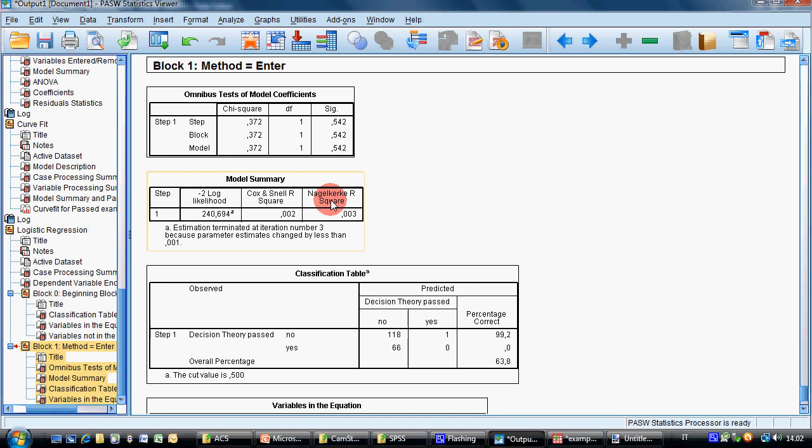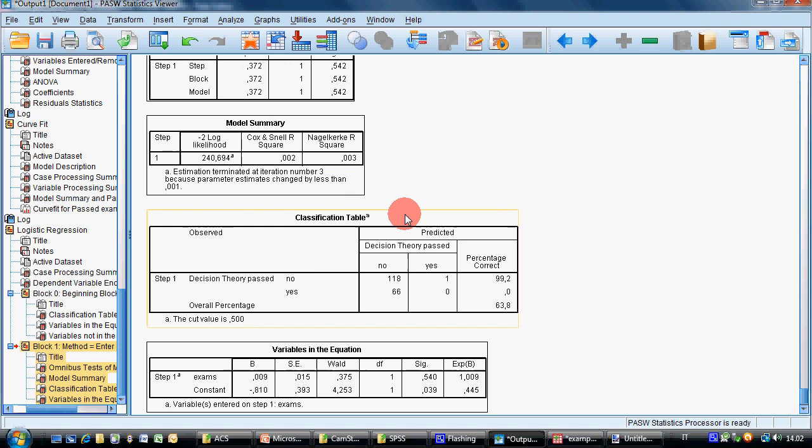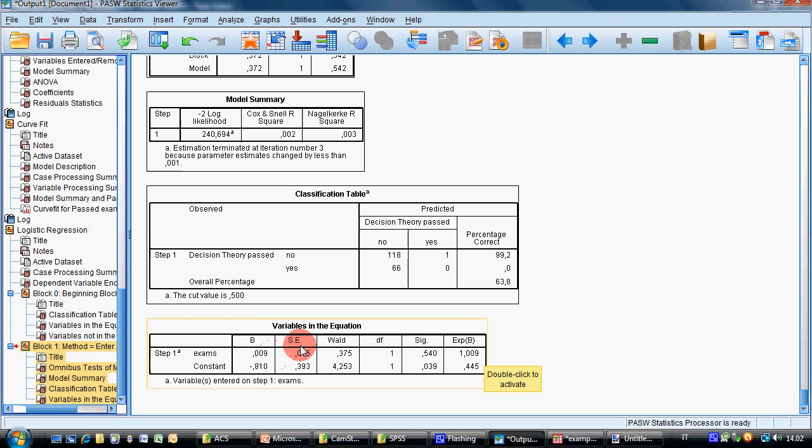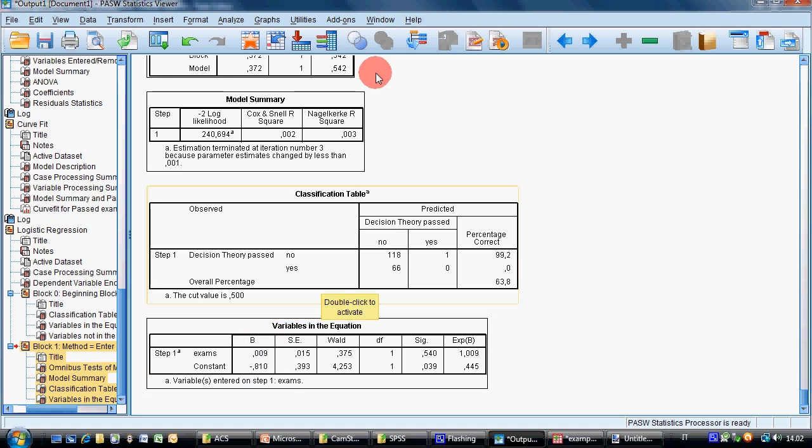Probably there will be people who have few passed exams but have passed decision theory, and people who have many passed exams but have not passed decision theory. Okay. It gives you also other estimation which you may examine yourself in case you need this in your future student life. Okay, and here the coefficients. The beta coefficient for exams is 0.09.